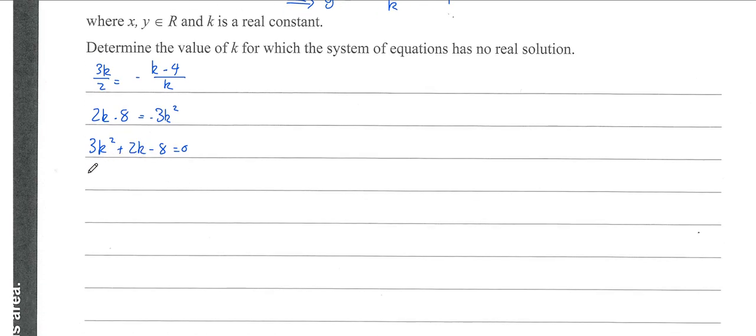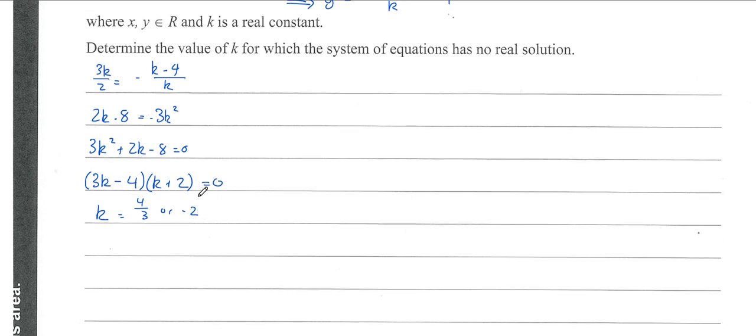This is probably factorizable. 3k, 4 and 2. Yep, so 6 plus negative 6 minus 4. So 3k minus 4, k plus 2. Just double check: 3k squared plus 6k minus 4k minus 8, yep, equals 0. So from here we get that k is equal to 4 on 3 or negative 2.